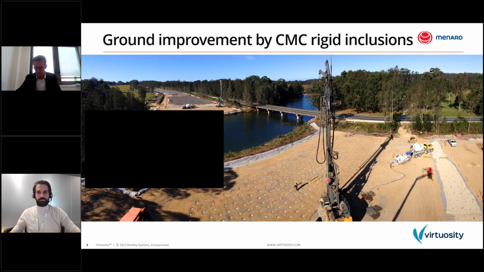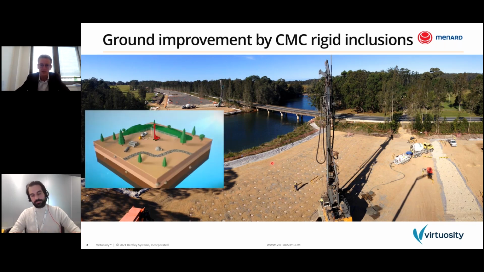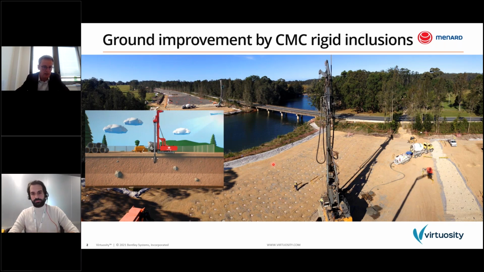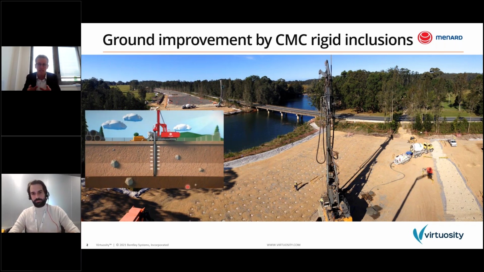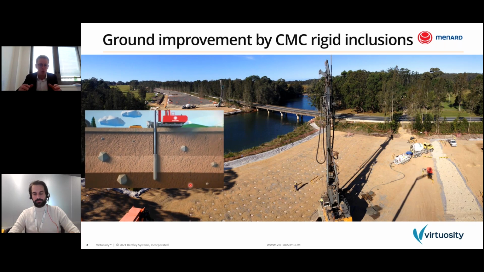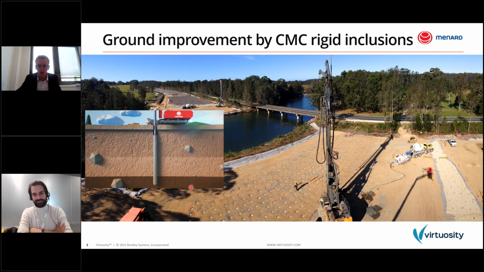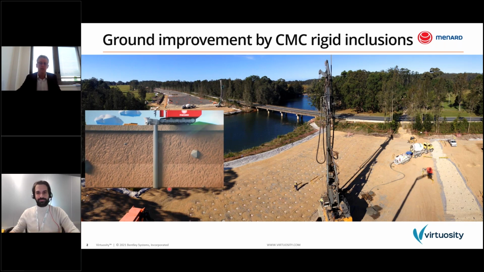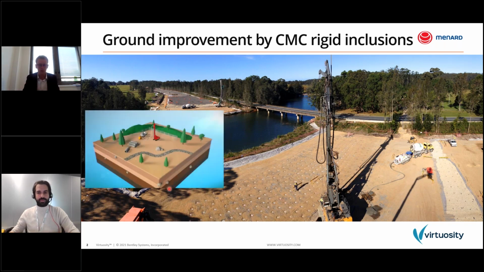There is a small video, and as you can see on this video, a specially designed auger displaces the soil laterally, and this displacement auger is pushed into the ground till we reach a good layer, resulting in the densification of the surrounding soil.